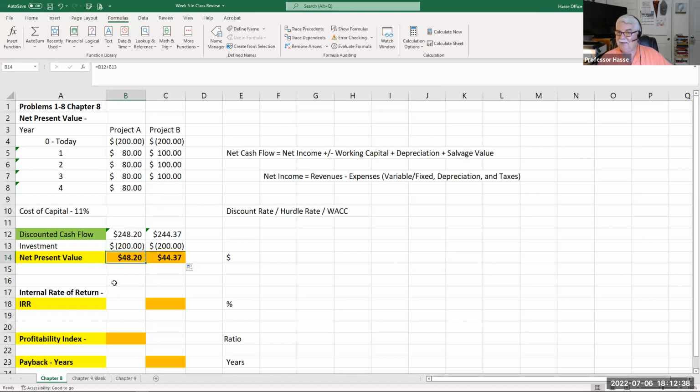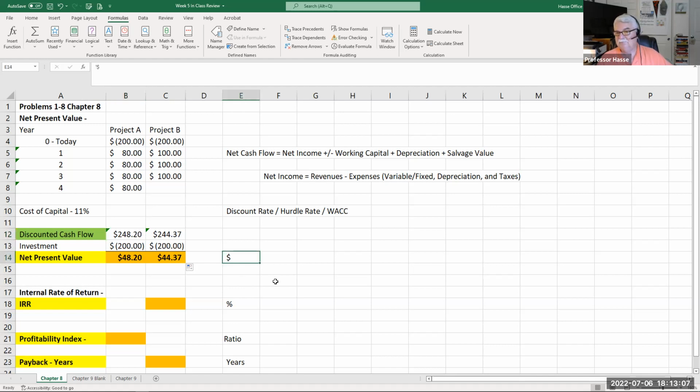And in this case, it's positive, $48.20, $44.37. We're using the NPV function to determine the discounted cash flow. Matter of fact, in assignment number 2, you're doing this work as practice. Hint, hint. Okay. That's the net present value method.